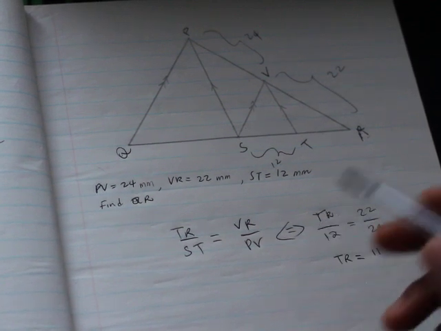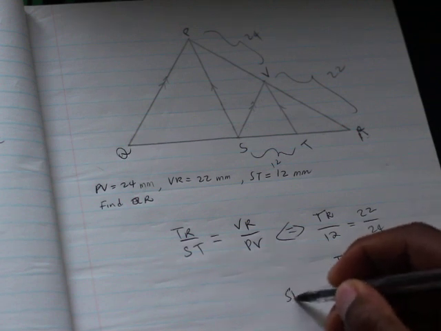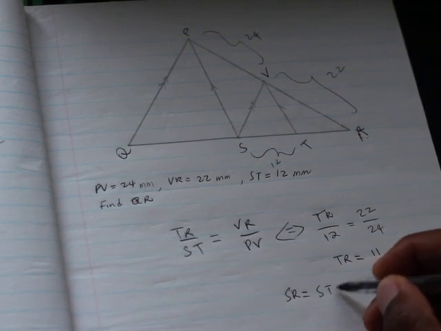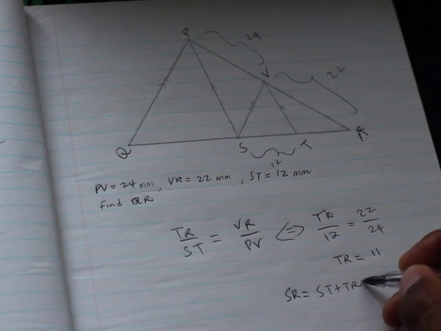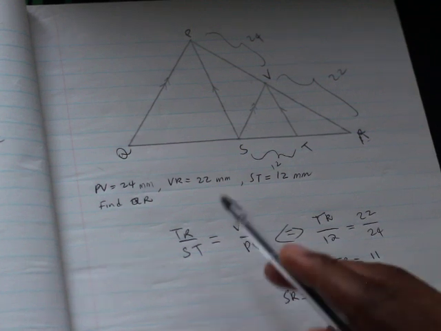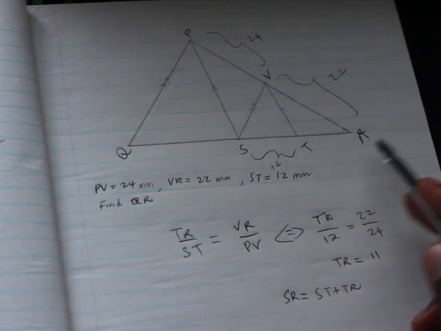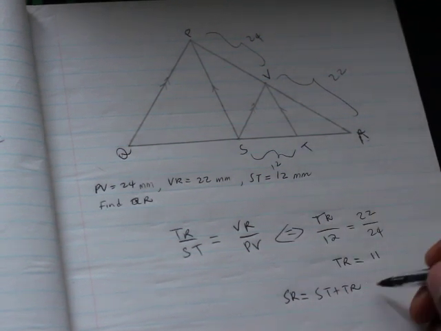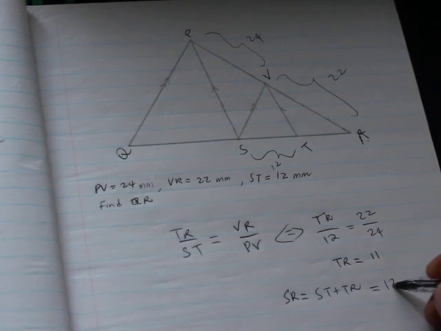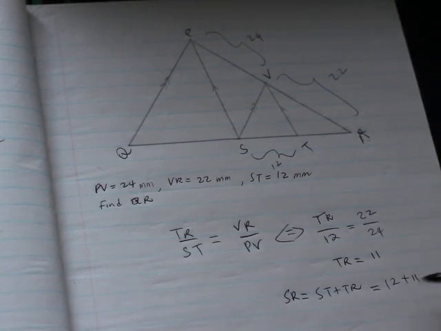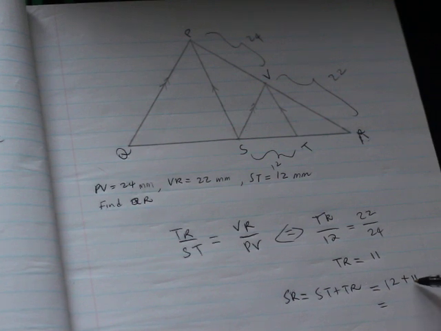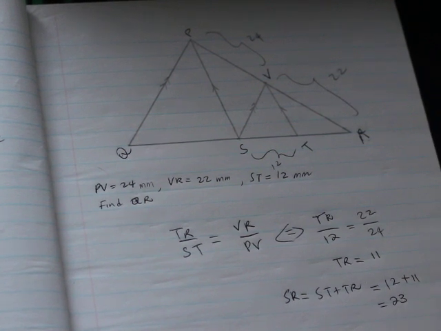Now that we've got TR, remember SR is equal to ST plus TR. So meaning that we can just sum up the 12 and the 11 and we get our SR, which is going to be 23 units.